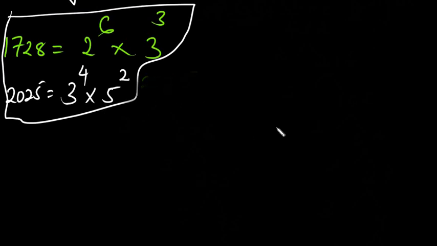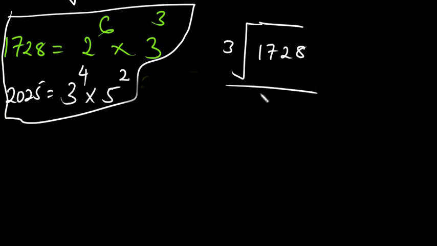So we are finding the cube root of 1728, and then we divide it by the square root of 2025. Now let's start by finding the cube root of 1728.